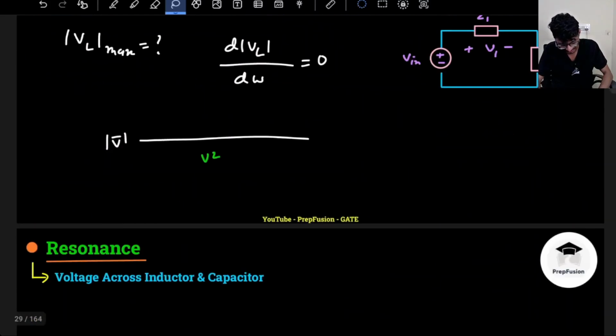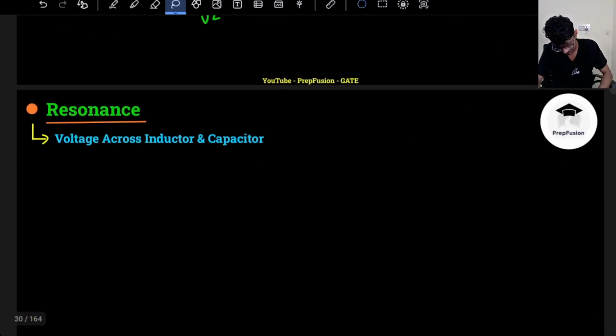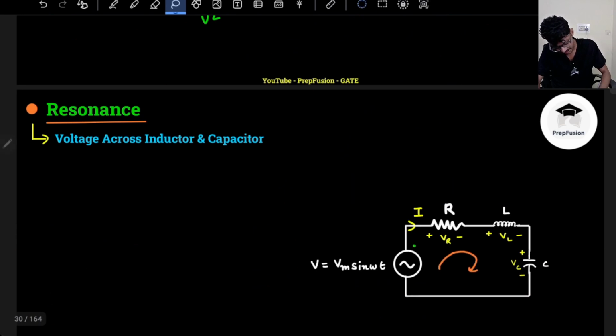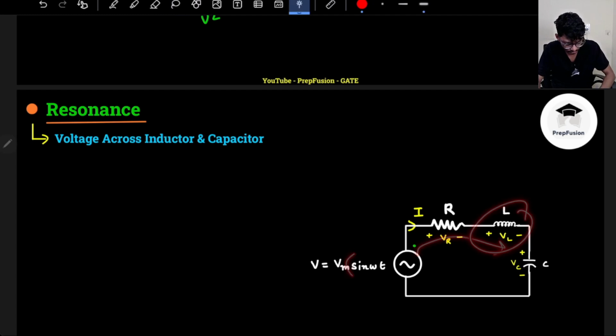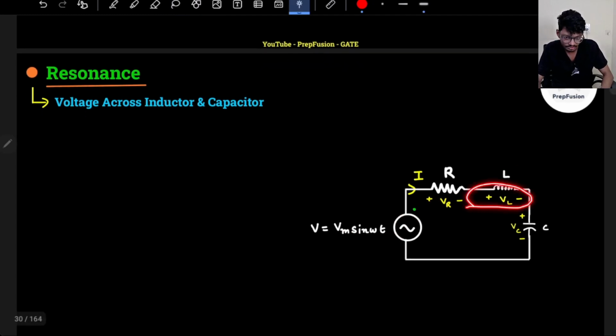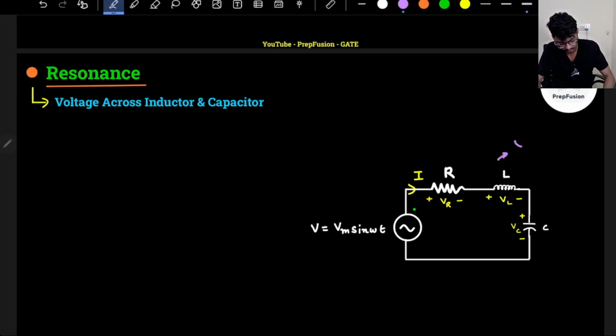You might have a doubt how voltage is getting divided, and how it can be more than the input. So this is producing some voltage and this one is cancelling it out, because both are in phase opposite. If the inductor gives plus XL of reactance, the capacitor will give minus XC. The current is the same, so this drop is plus jXL and the drop VC is minus j into XC.